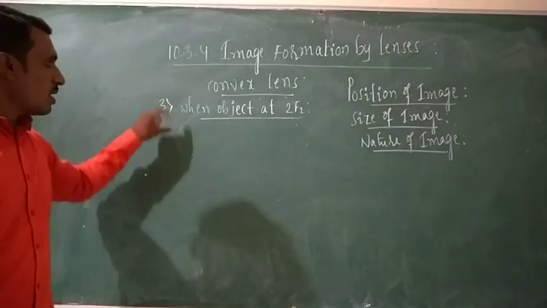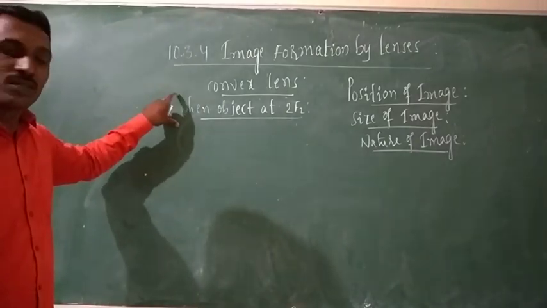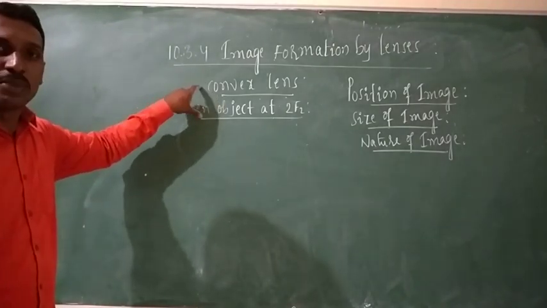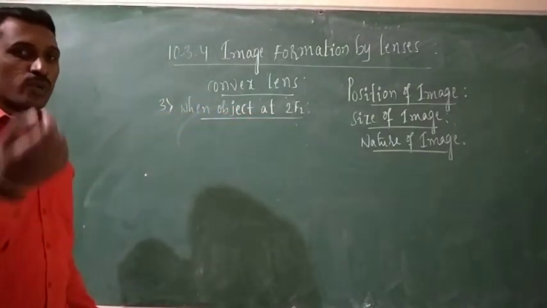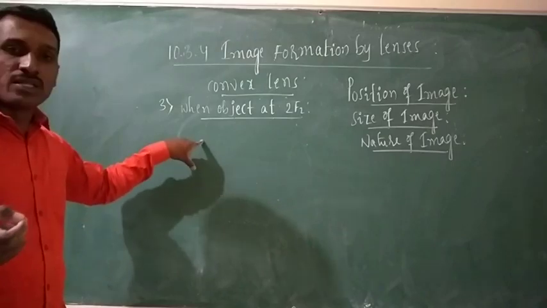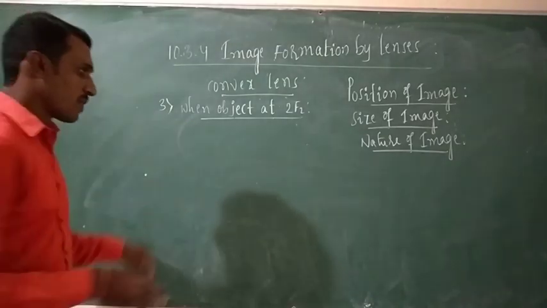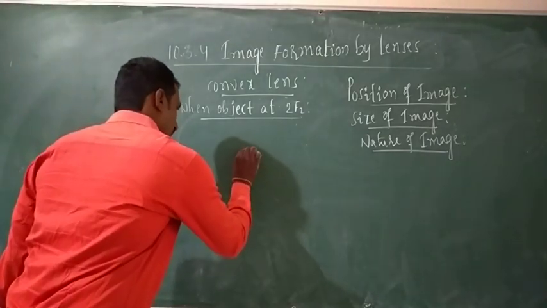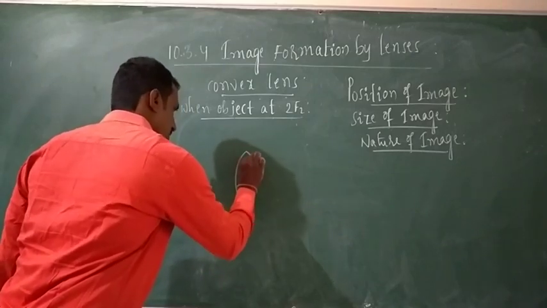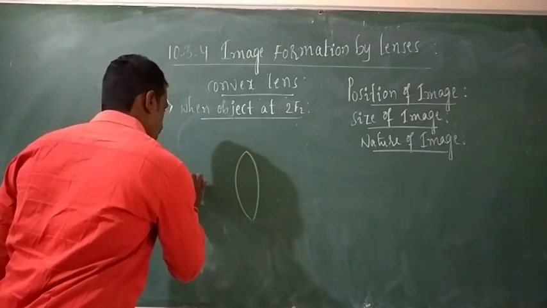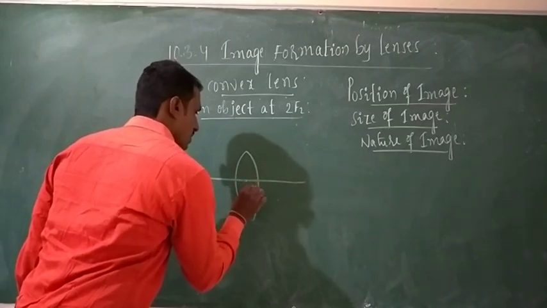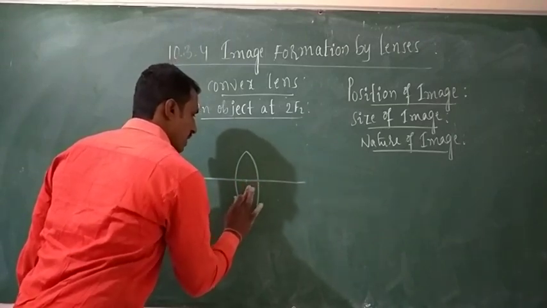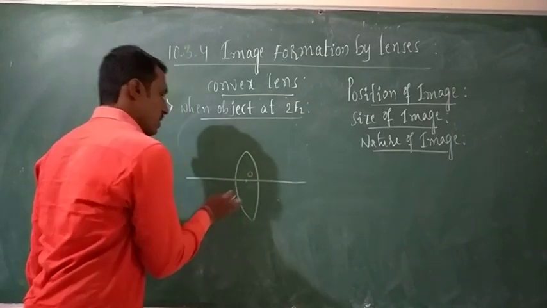Okay, students, our third case of convex lens image formation is when object is at 2f1. 2f2 is a place that is also termed as center of curvature. I will take one convex lens. This is optical center.